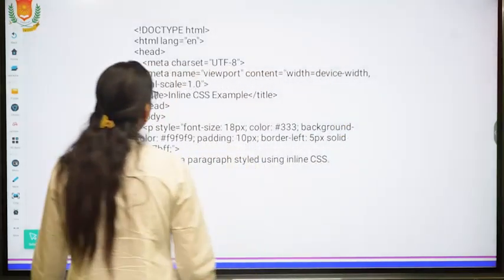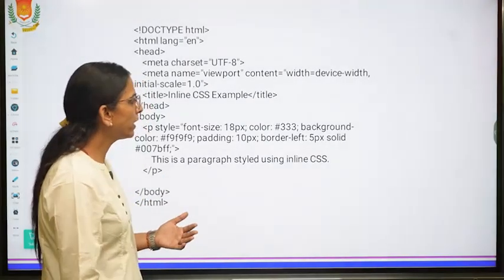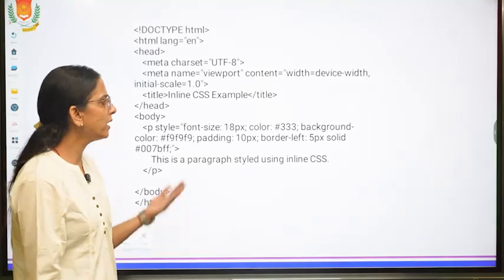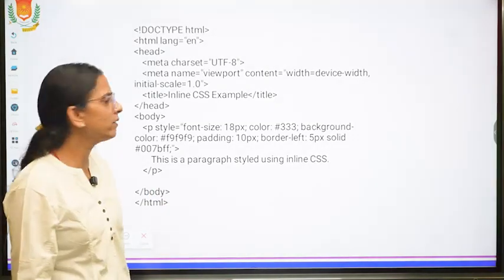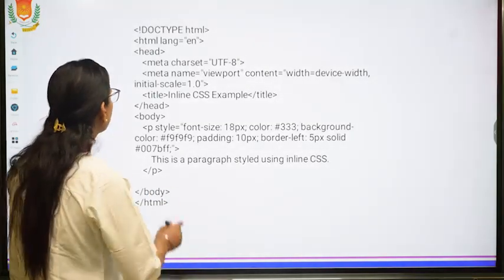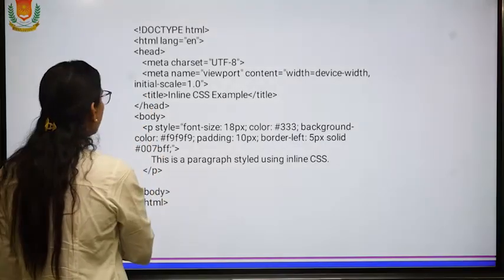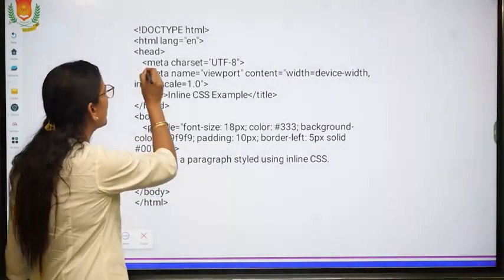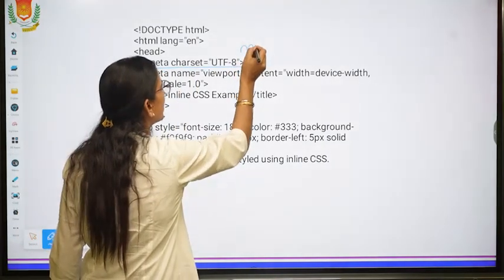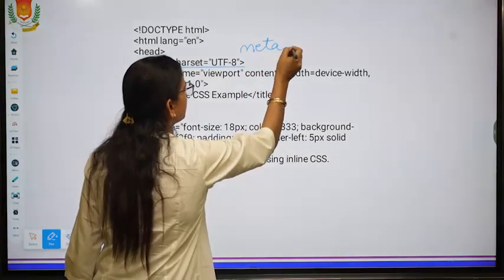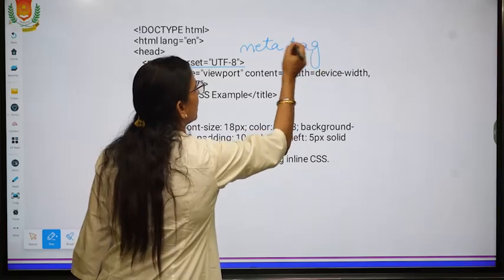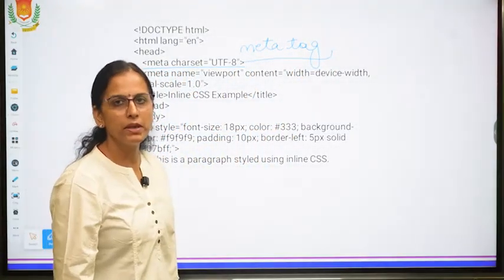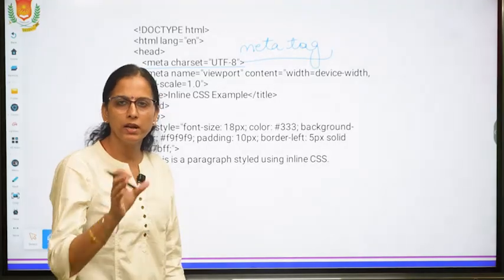Now we will read these codings with the help of another example, so you will understand the concept more clearly. Now we have defined their meta charset, meta character set. What does this meta character mean? What are the meta tags? When we create our website, we create our web pages, we display the contents.